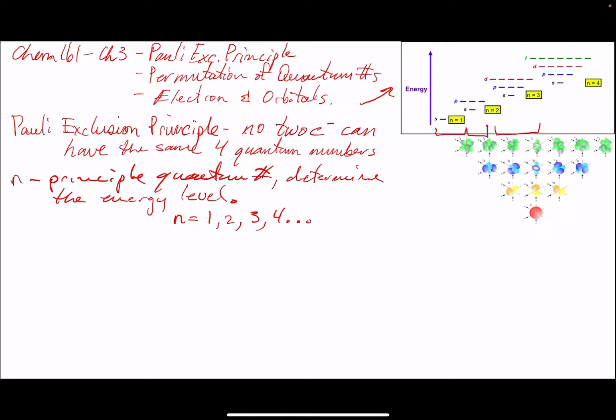Okay. So with that, we can now see the value of the next quantum numbers. So the l angular momentum quantum number is going to help us describe the shape or the type of orbital.